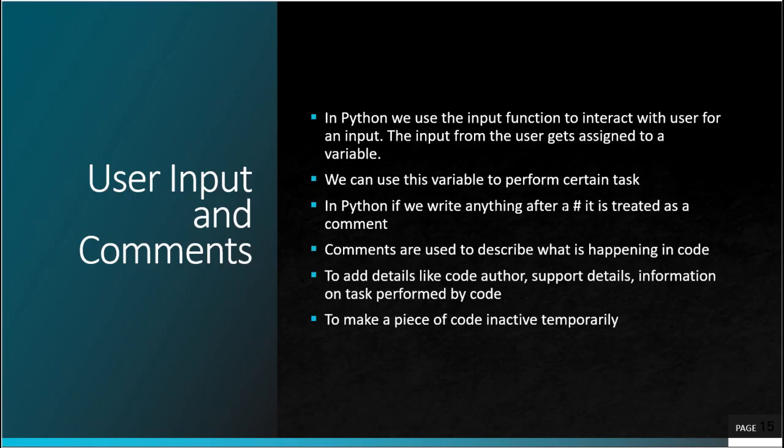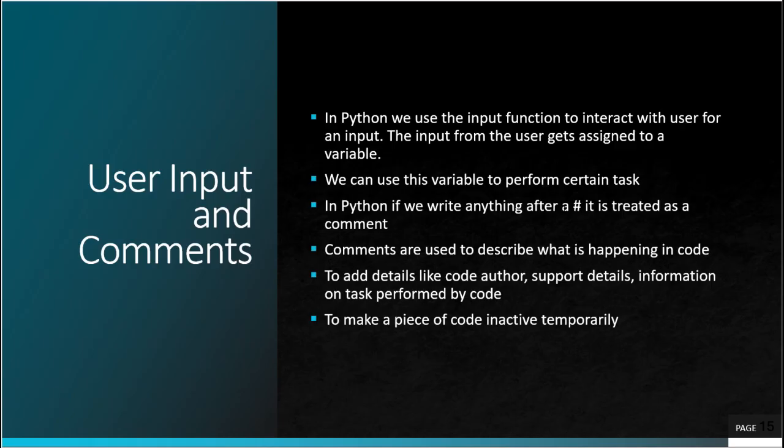You can understand from the comments what the code is doing, and it helps you troubleshoot and narrow down where exactly the problem is. You can also use comments to write other information, like who is the author of the code, and what the support details are, like who is the operations team or which team handles any kind of issue.